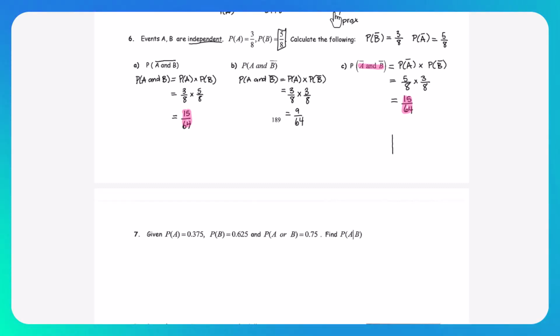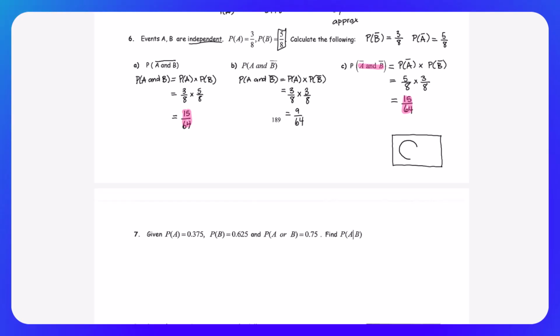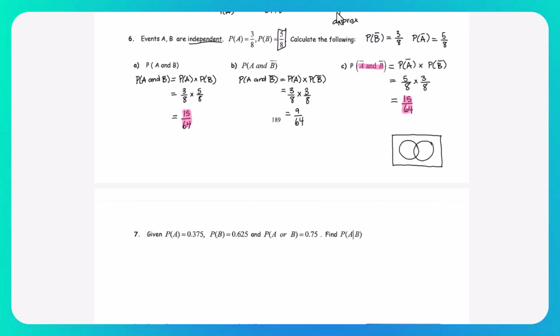So if we think of this on a Venn diagram, so let me get my pen working there. Remember, this is probability of A and B. I'm going to get rid of that line, which is this little piece in here.